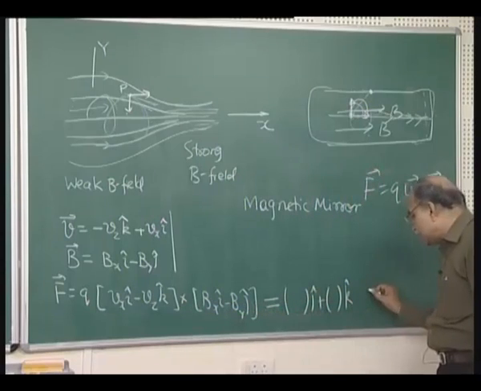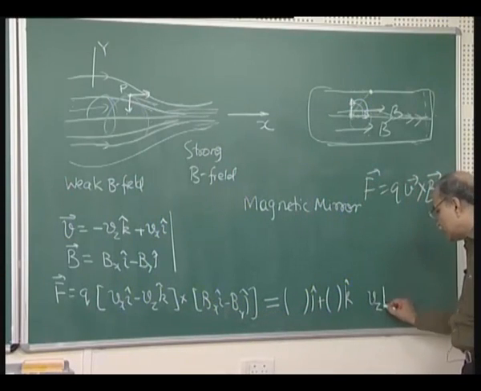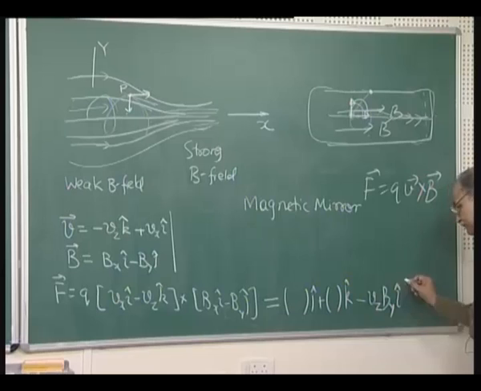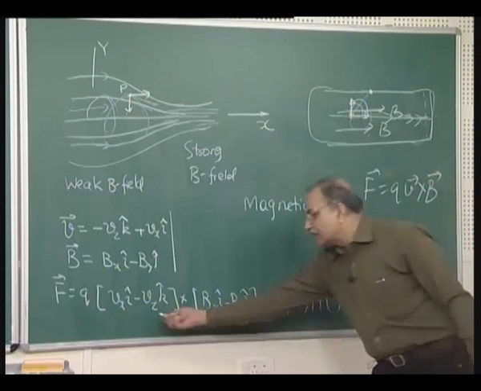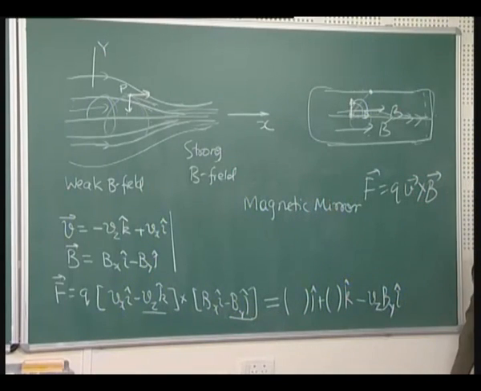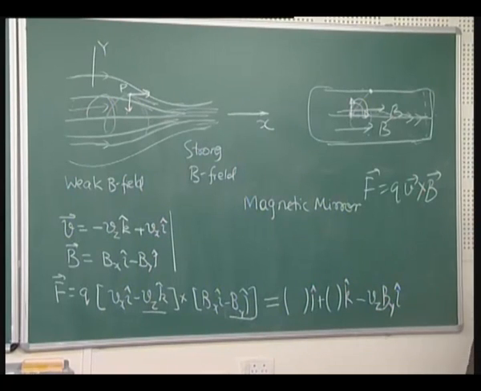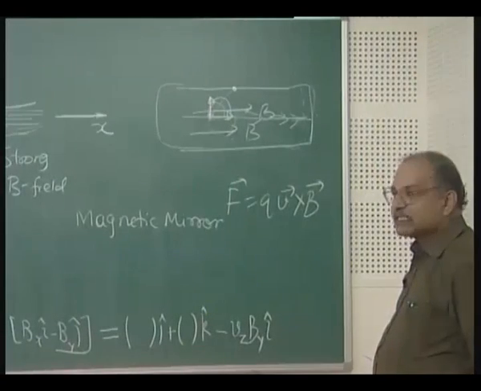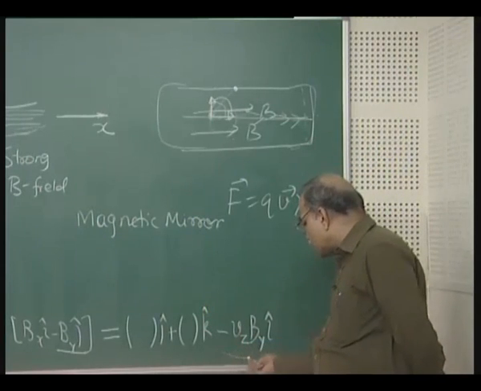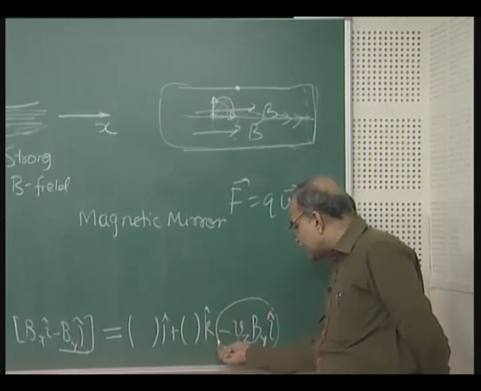It is Vz By, and minus i cap. So, I am talking of these two terms. This is going to give me a product in i cap direction, this combination. So, Vz By and then k cap cross j cap is minus i cap. So, you have a force in negative x direction.